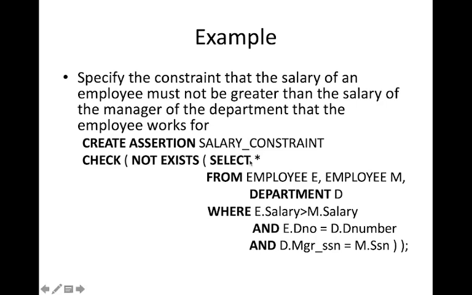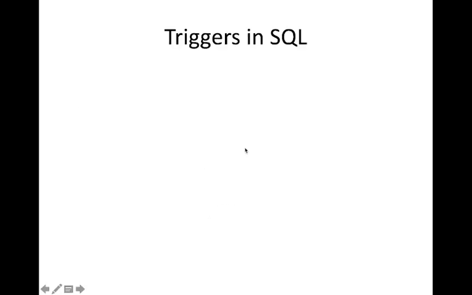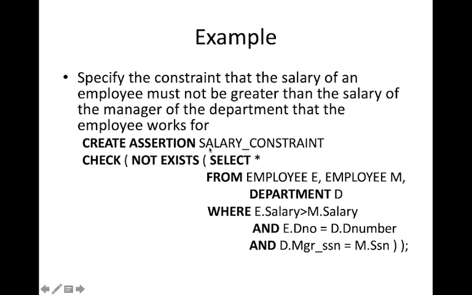That is the salary constraint that will be specified. Whenever a database state change occurs, we have to check whether this salary constraint is satisfied. If it is violated, then that change that is taking place should be rejected or dropped.